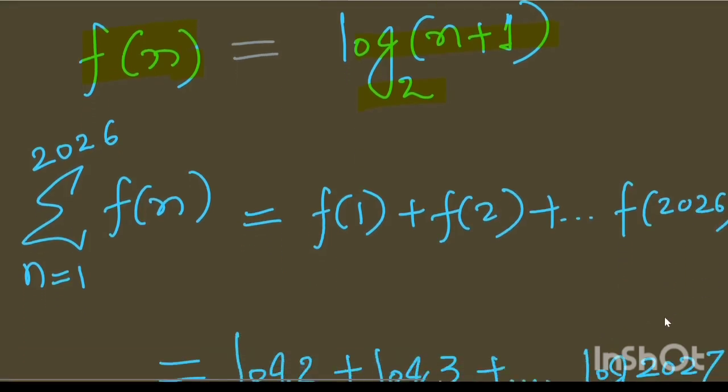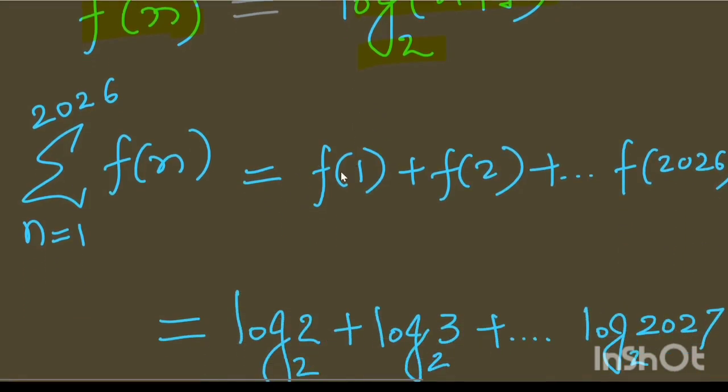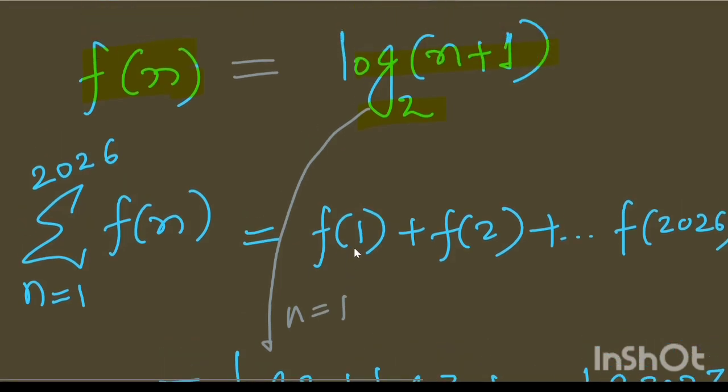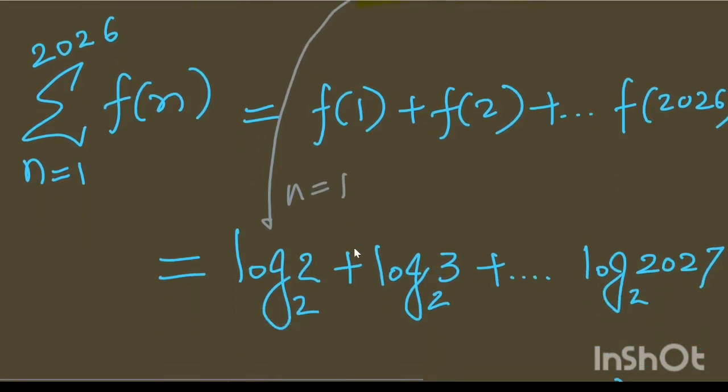So f1: substituting n equals 1, this log n plus 1 base 2 will become log 2 base 2. Similarly, when you substitute n equals 2, this becomes log 3 base 2. Similarly, when you substitute n equals 2026, this becomes log 2027 base 2.